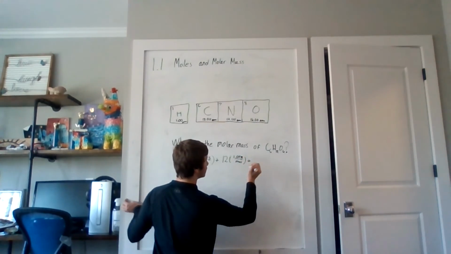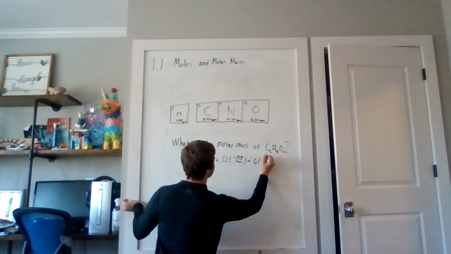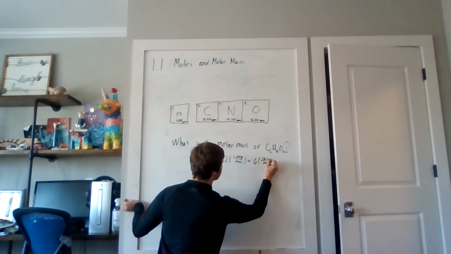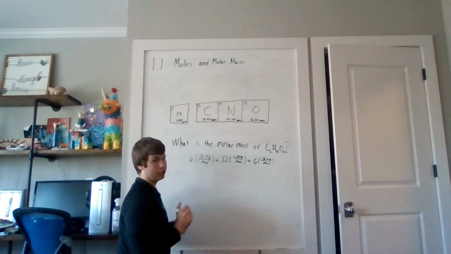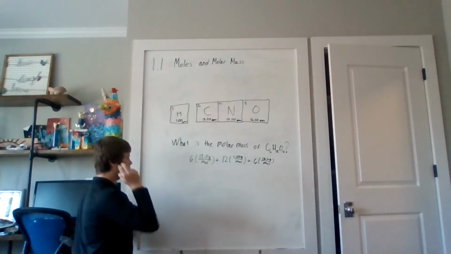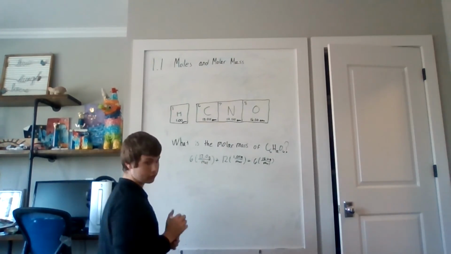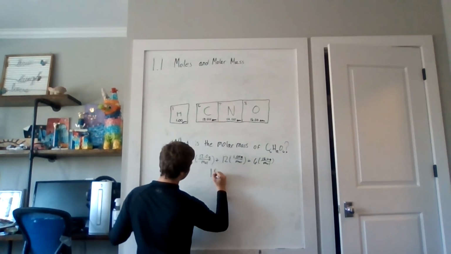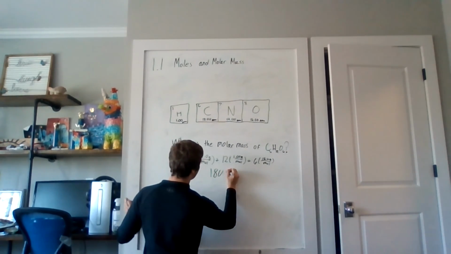And finally, 6 times 16.0 grams per mole for the oxygen in the compound. And now we get a final total of 180 grams per mole.